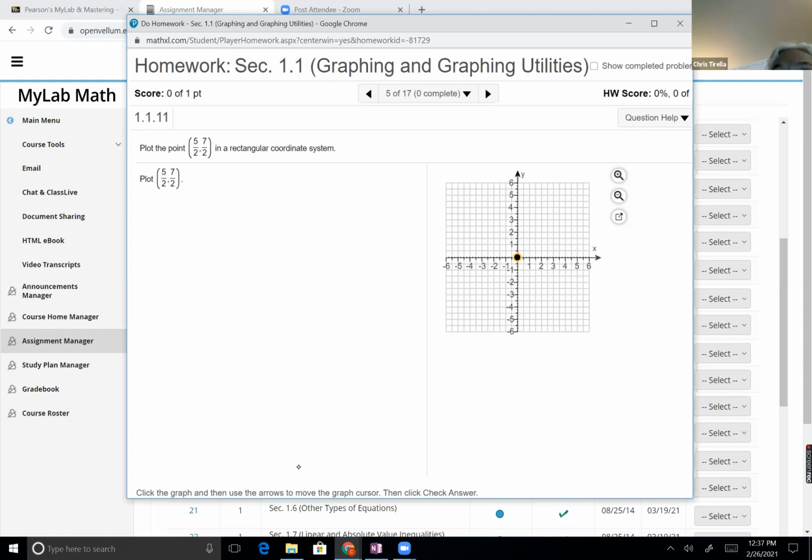So 5 halves on the x-axis would be like moving over 5 blocks, which makes sense because 5 halves would be 2.5. In the same way, 7 halves would be like moving up 7 blocks, or it makes sense because the number 7 halves as a decimal would be 3.5. And so that's where I would locate that one. Is that what you were thinking?